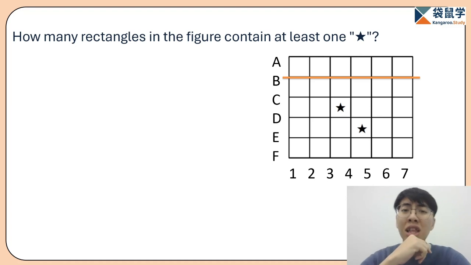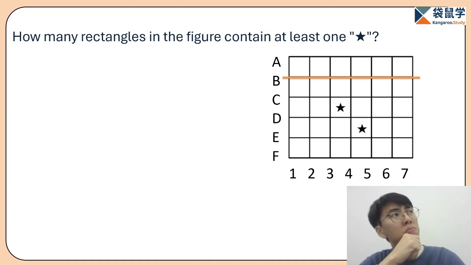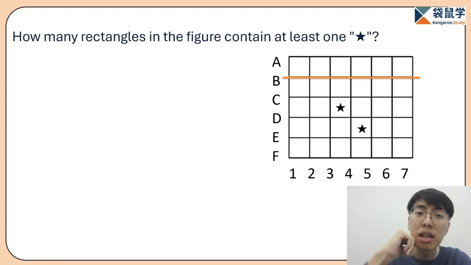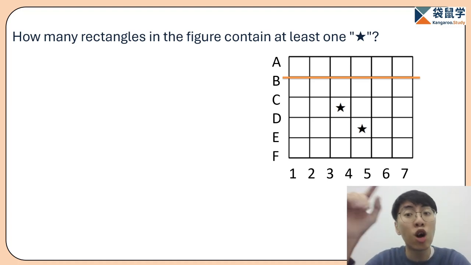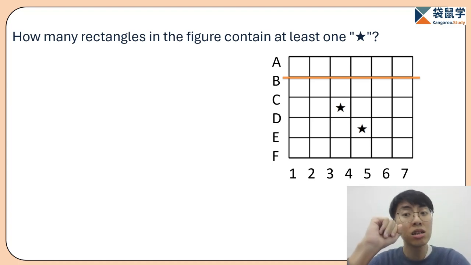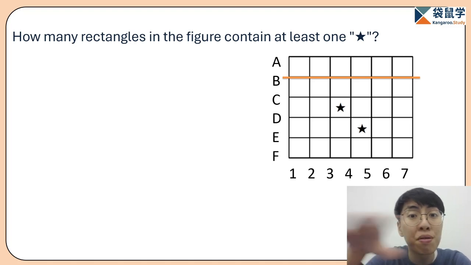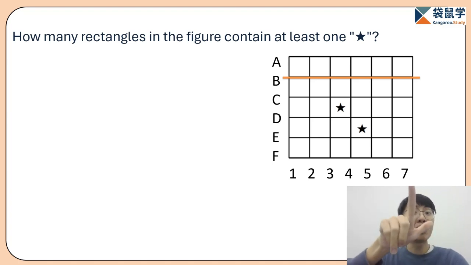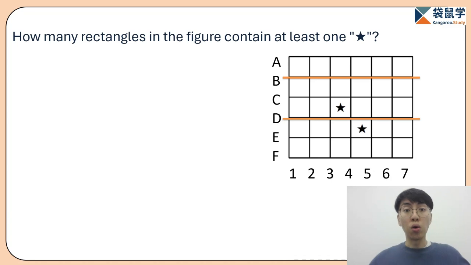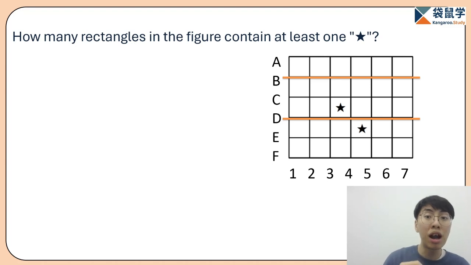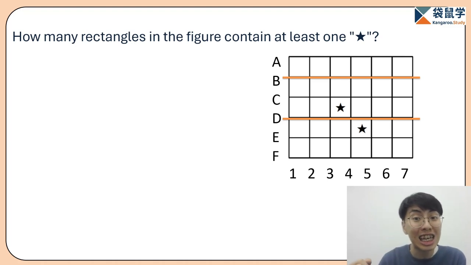And then the next one we think, where do I want to put it? To make sure we contain only X, well, I have to separate them. And that means the line should be at line D. Well, this line D successfully separated it into two parts, where the top part contains only X and the bottom contains only Y, right?